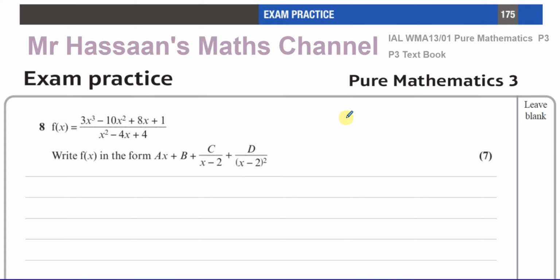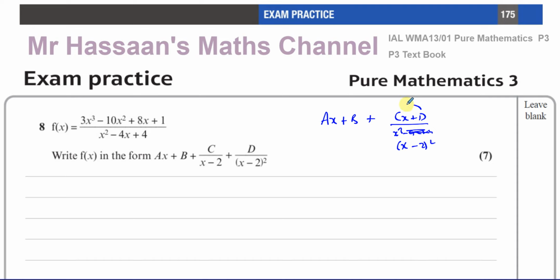bit of a muddle, because you'll end up with something like ax plus b, and then you'll have your remainder as something like cx plus d over x squared minus 4x plus 4. You might be able to factorize this to x minus 2 squared.